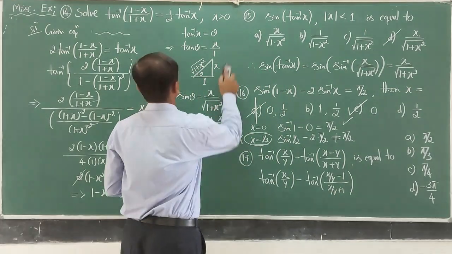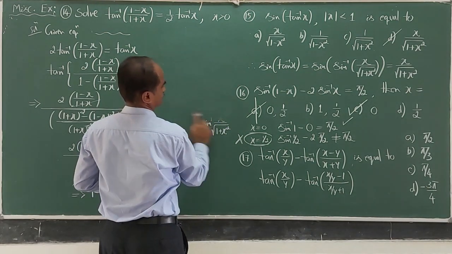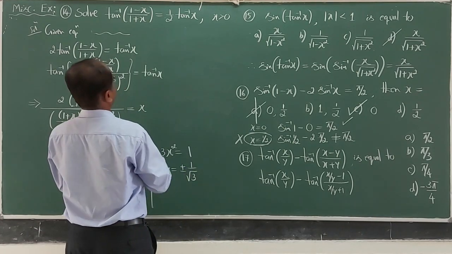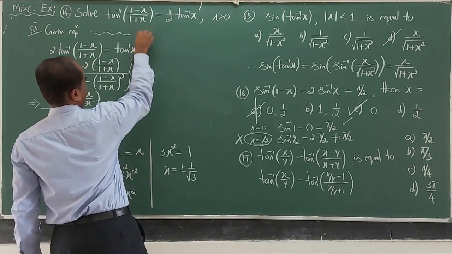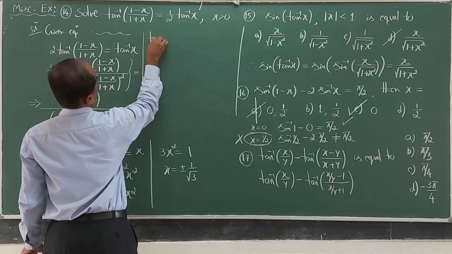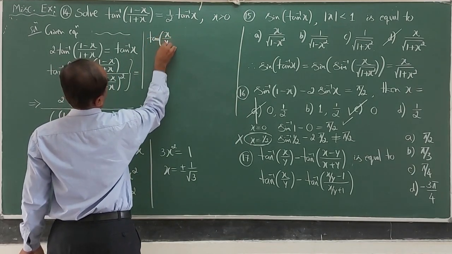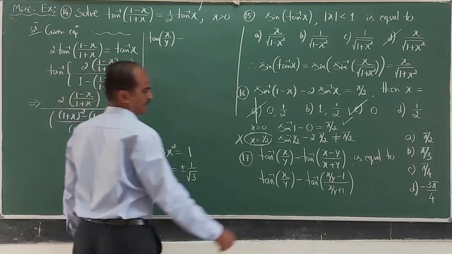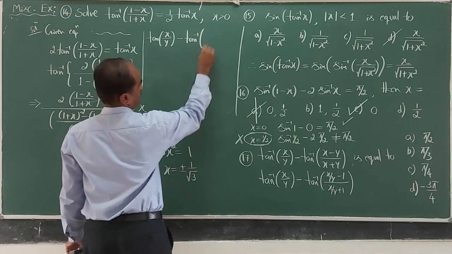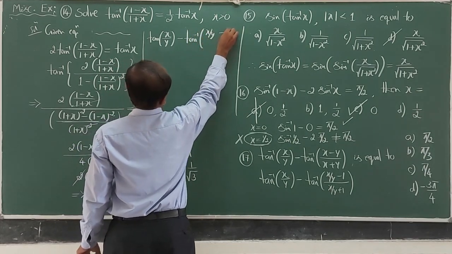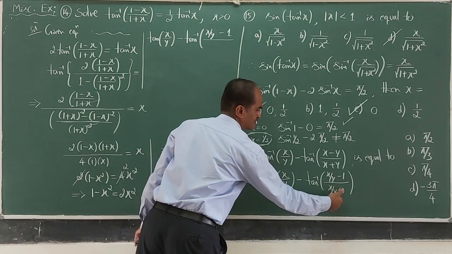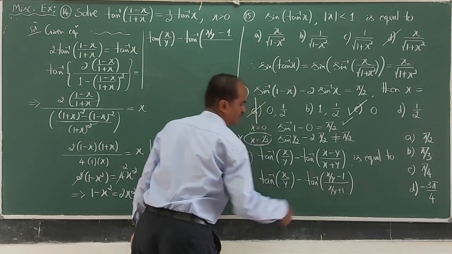Further, it is written as tan inverse of x by y minus, I write this, tan inverse of x by y minus 1 written as it is. In the denominator, I interchange the position. A plus b I write as b plus a.